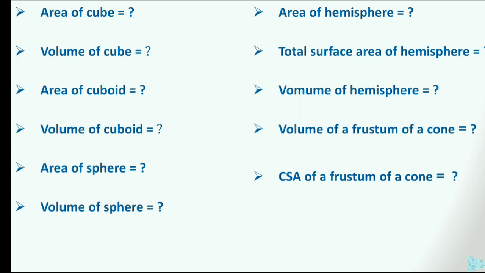Curved surface area of a frustum of a cone is pi into small r plus capital R into L. Now tell me the formula of slant height L in frustum of a cone. It's equal to under root h square plus capital R minus small r whole square.